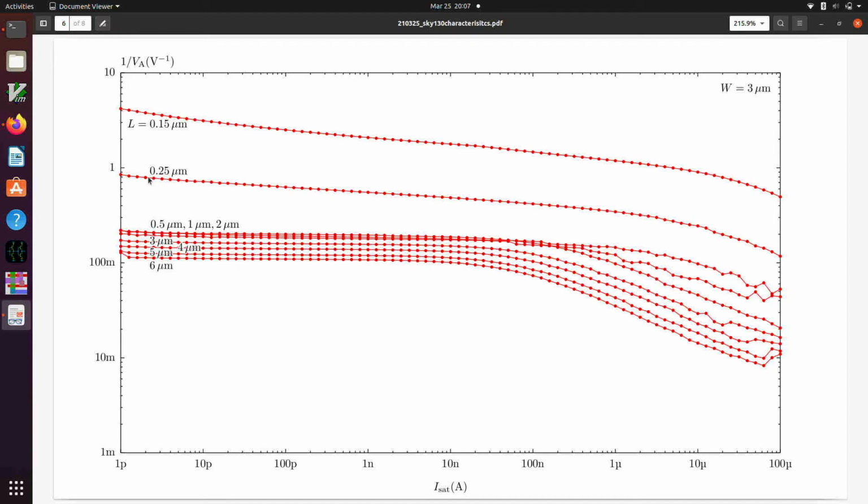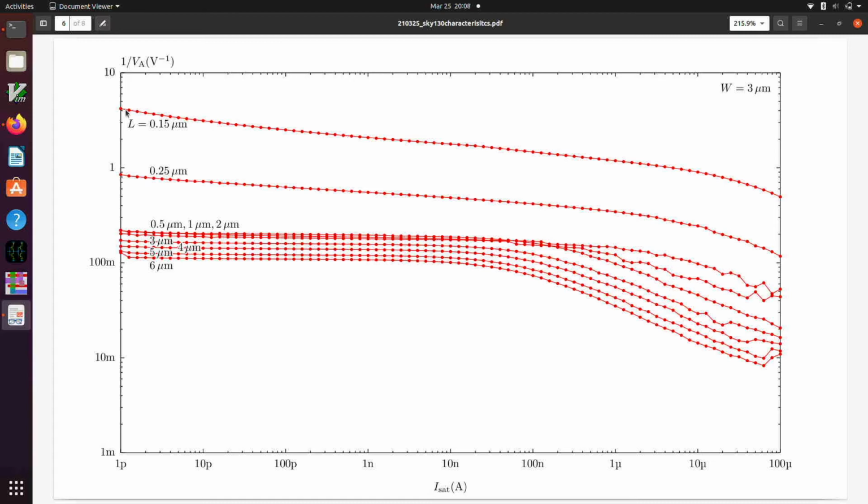So what this is saying is that for the minimum channel length device, deep in weak inversion, and there's lots of DIBL in the output characteristics for this 0.15 micron device, the current increases by a factor of 4. So that's 400% per volt as you increase the drain voltage.